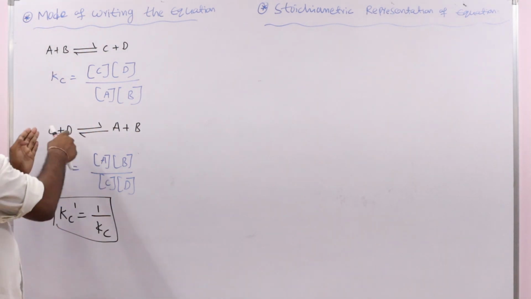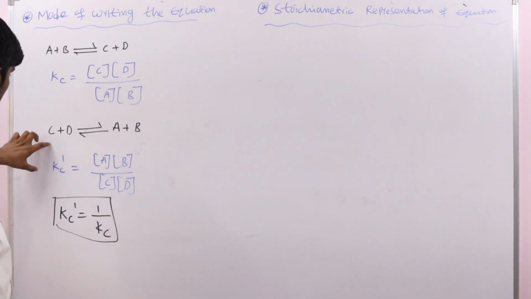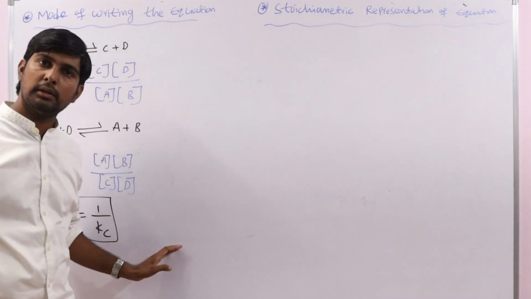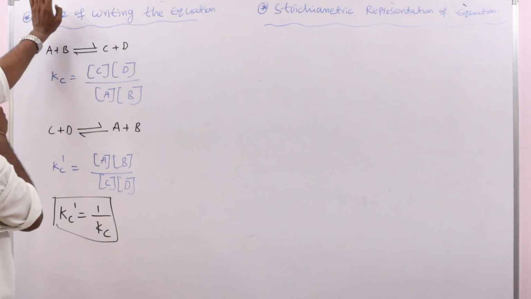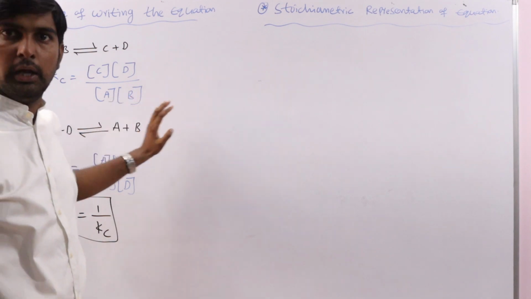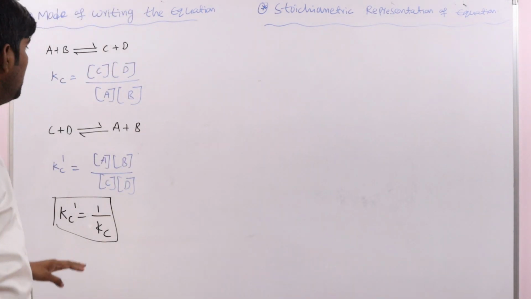Understood? If the first reaction is done in the laboratory, we measure all equilibrium concentrations and calculate Kc. Suppose we want to find the equilibrium constant for the reverse reaction, no need to do the experiment, a waste of time and chemicals.